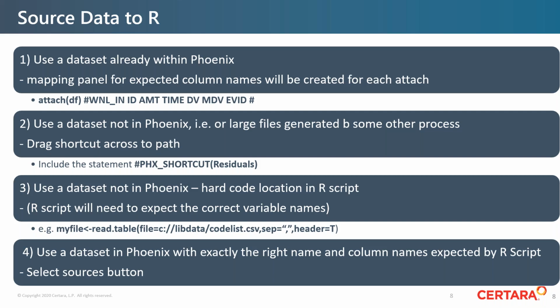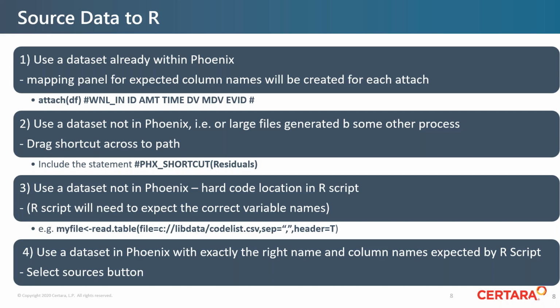So here I'm attaching a data frame, and it's looking for the columns ID, amount, time, DV, MDV, and event ID. But in my source data set, they don't need to be called that. They can be called whatever I want, and I can just map, so I can map subject to ID.